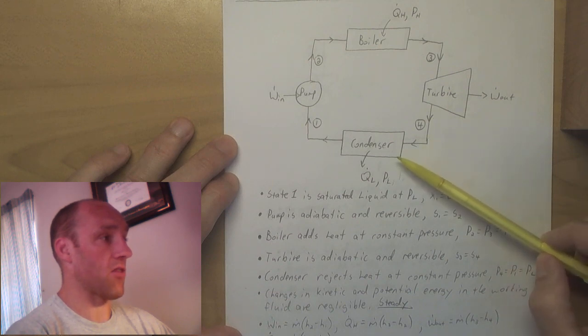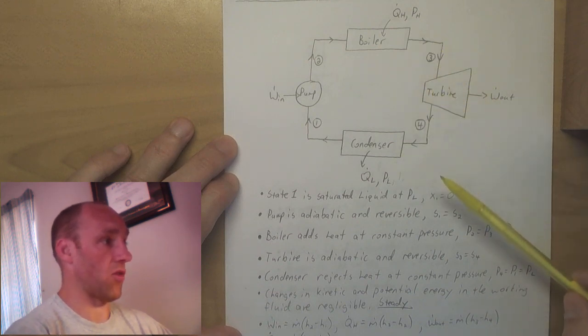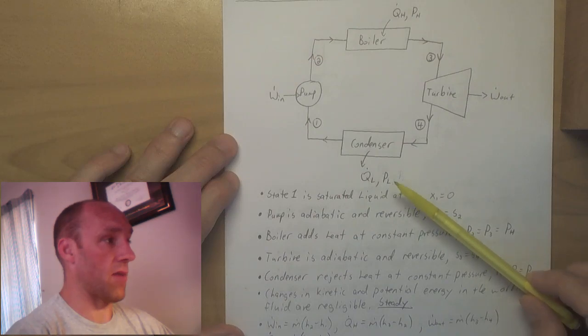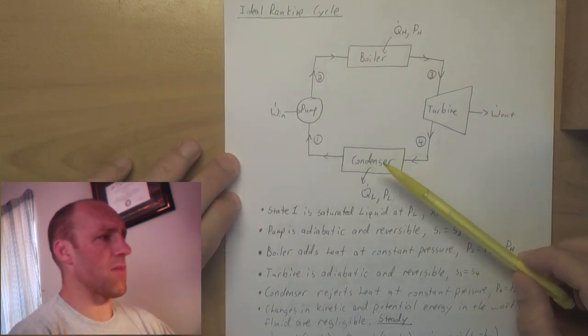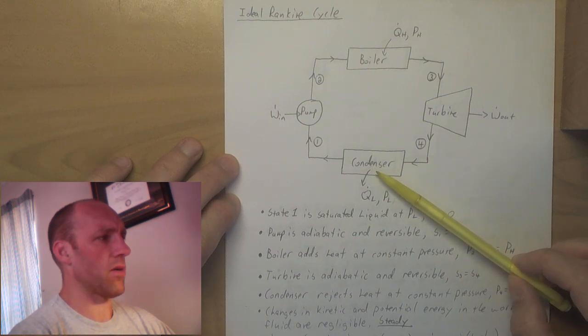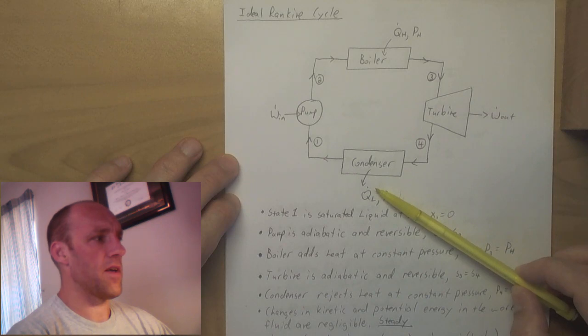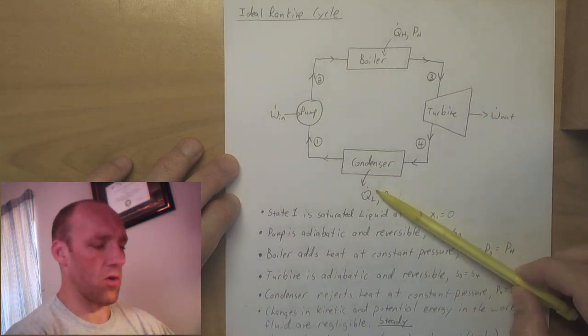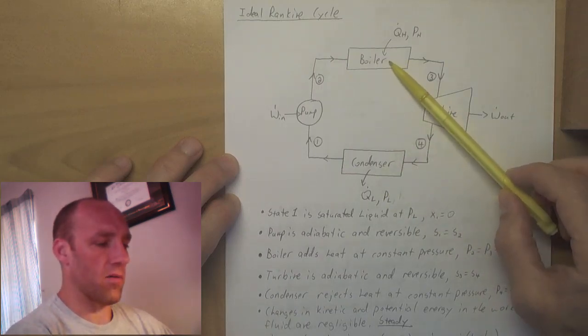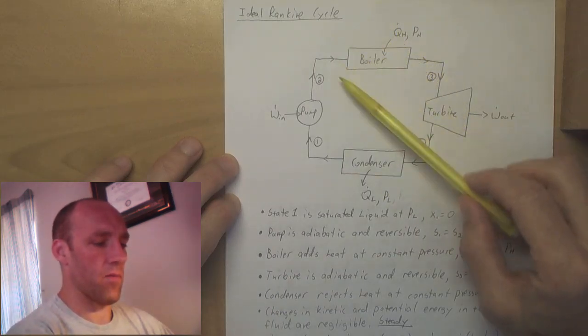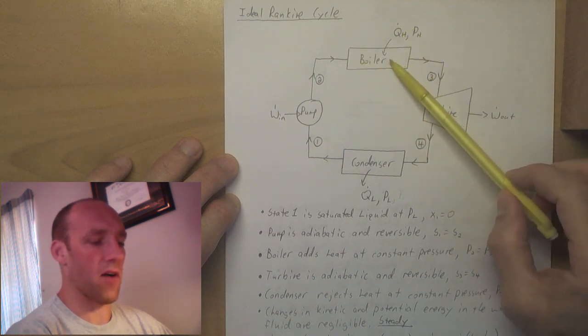And then the condenser again operates at constant pressure, this time at the low pressure. Just think about what this means. In order to reject heat, the condenser has got to be hotter than the atmosphere, or the medium to which it's rejecting the heat, and the environment around the boiler has got to be hotter than the temperature of the boiler itself.